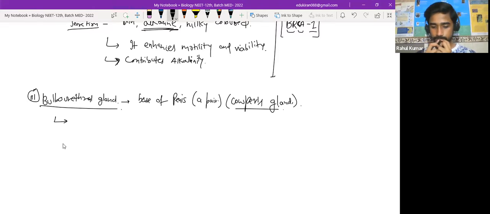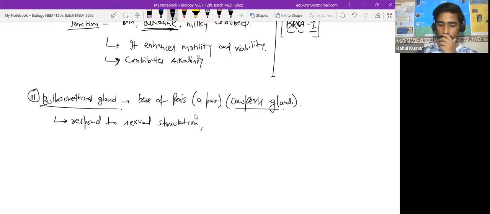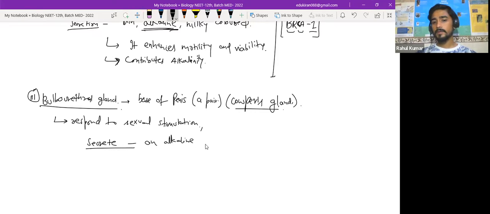So write down: in response to sexual stimulation, these glands secrete an alkaline, mucus-like fluid. Okay, it's alkaline and it's mucus-like.